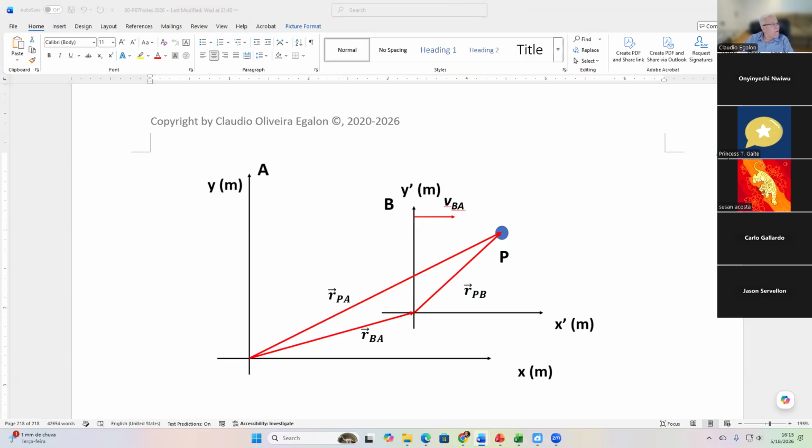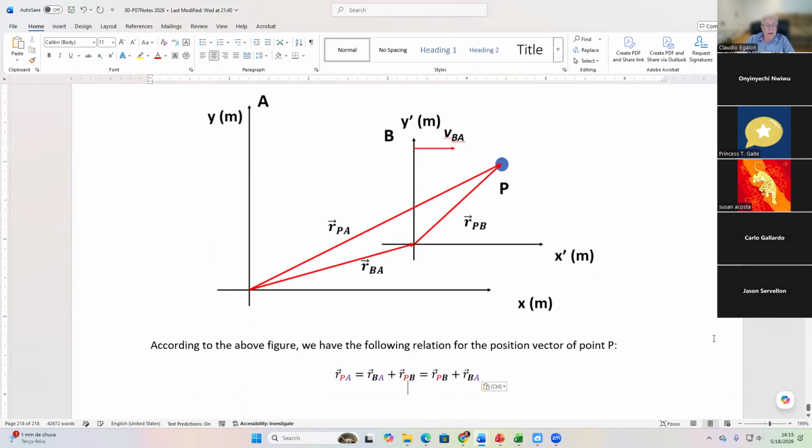And now we're going to write down, in vector format, what you see right here.